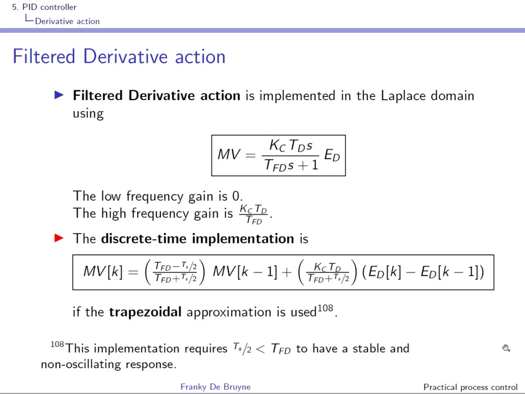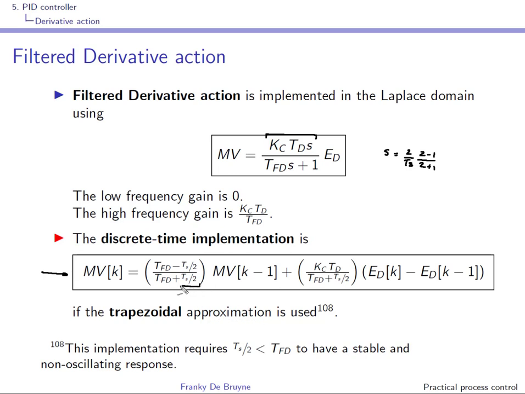You can do something very similar, and again this is for your information, and obtain the trapezoidal approximation. There you have to replace s by 2 over Ts times (z minus 1) over (z plus 1). If you replace this in this transfer function, you obtain a transfer function in z, and by doing the inverse z transform, you obtain this discrete time implementation using the trapezoidal approximation.